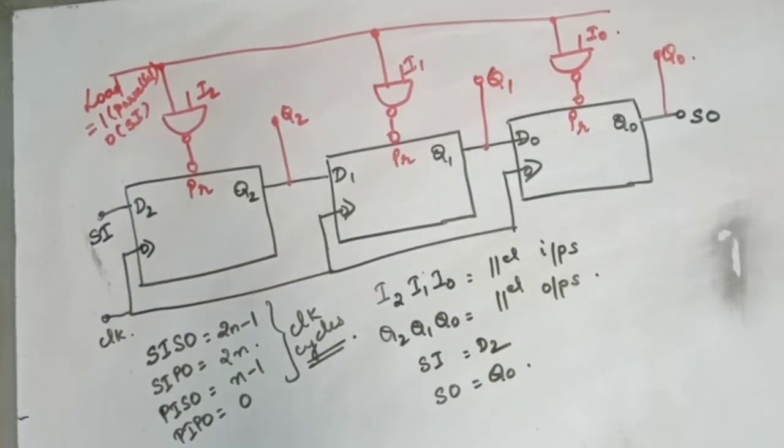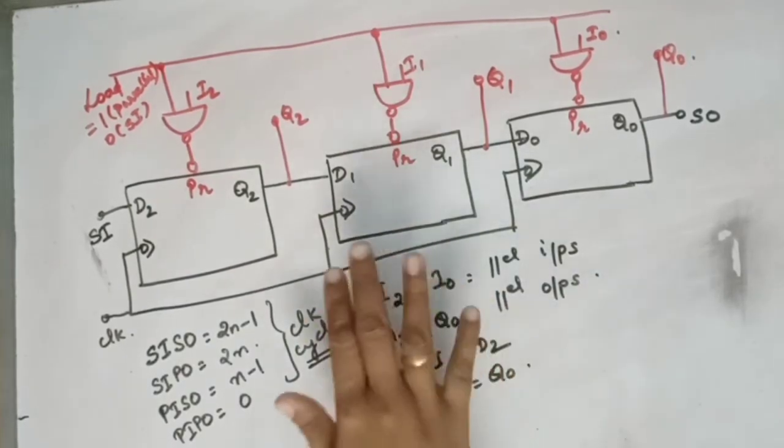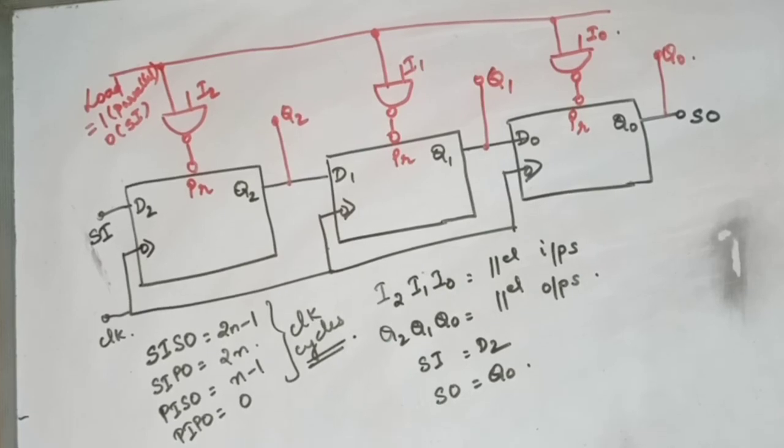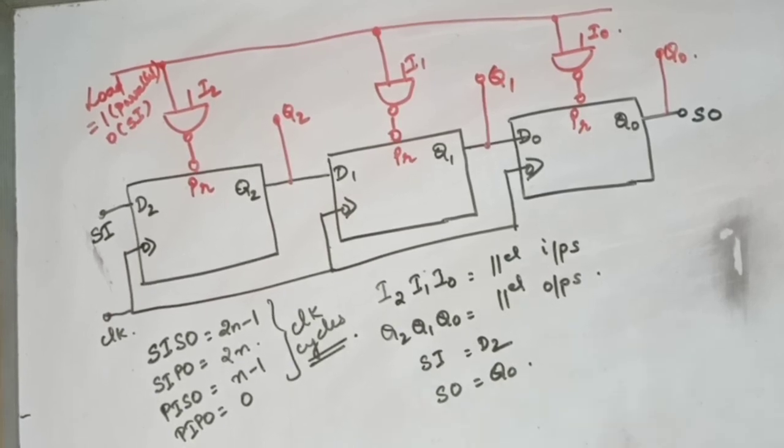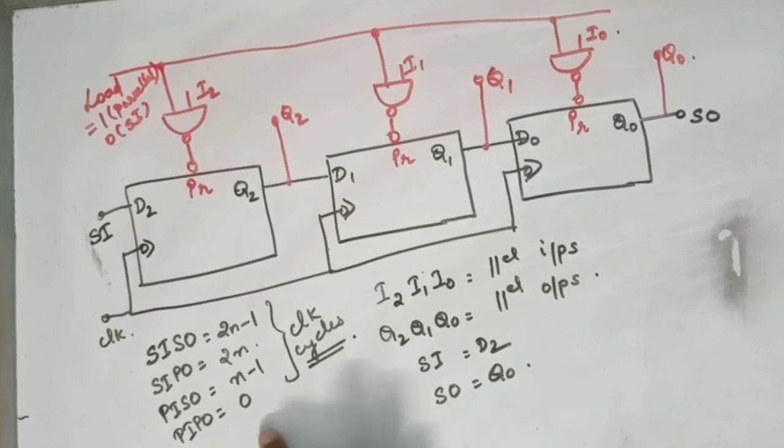If you are asked to just explain the shift register, you can draw the circuit and explain all the 4 modes of operation. If you are asked to explain each one of these or any 2 of those, you can draw separate diagrams as we did earlier and explain, and you can draw the timing diagram for all except the PIPO.